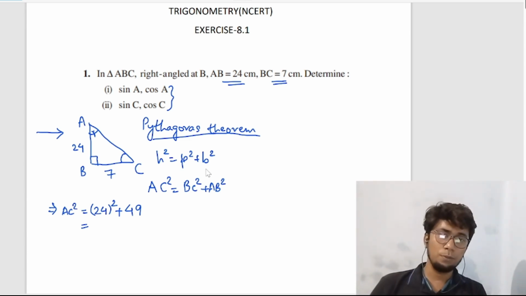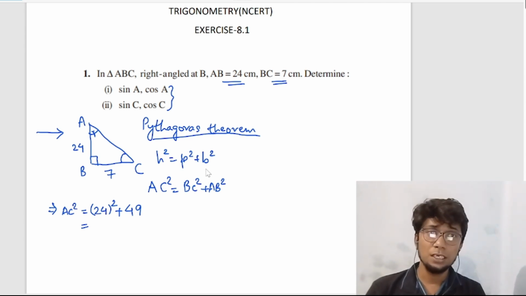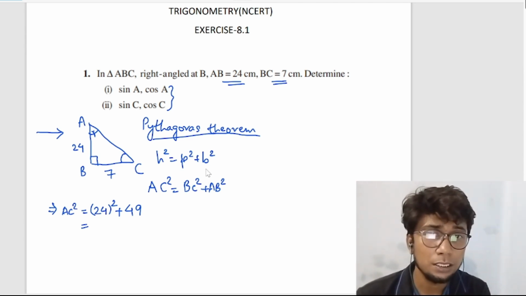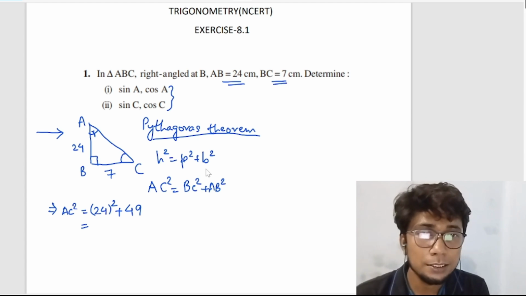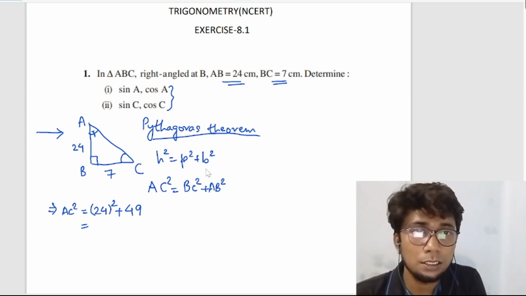See, 24 square will be 576 approximately, but I'll tell you a shortcut trick that is always going to help you in finding squares of any two-digit number. Let's say this 24 is of the form AB. What can we write? What is A plus B whole square?